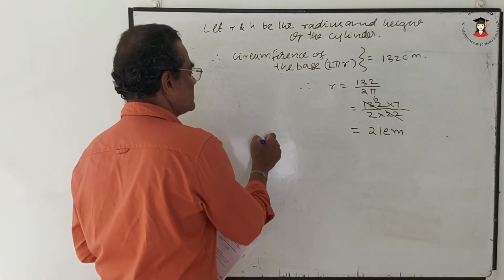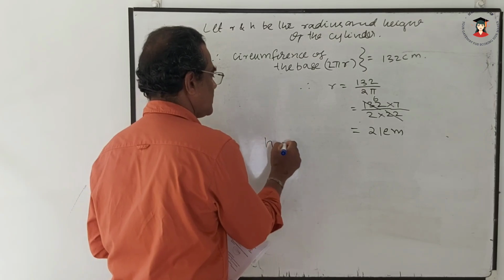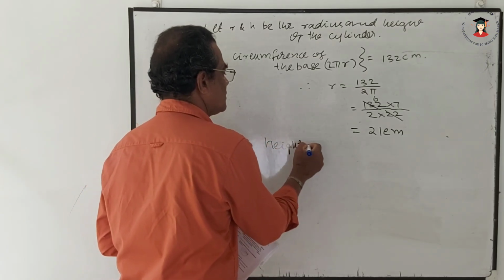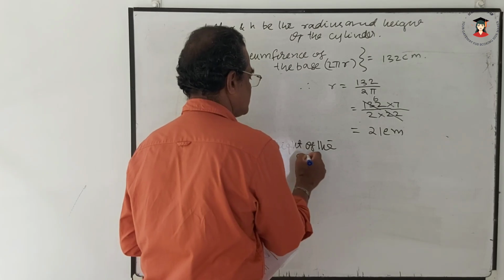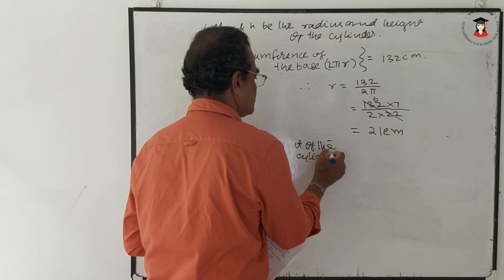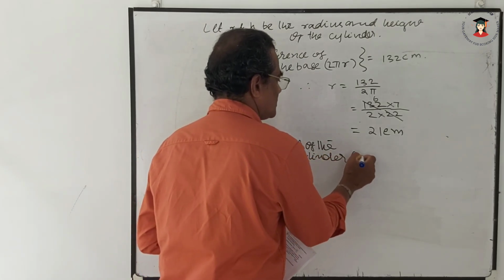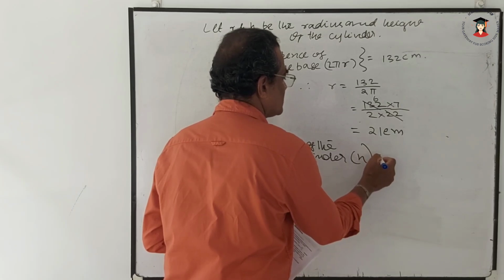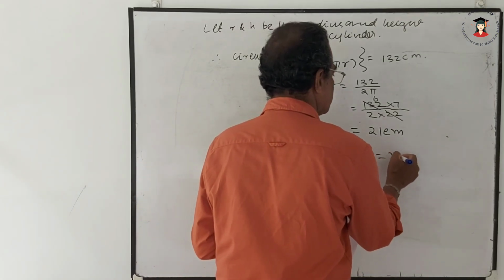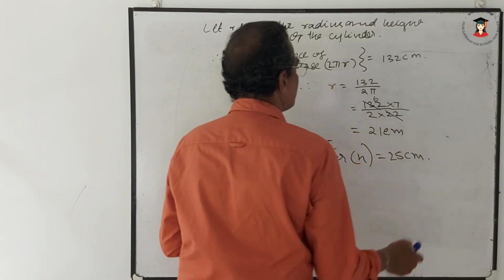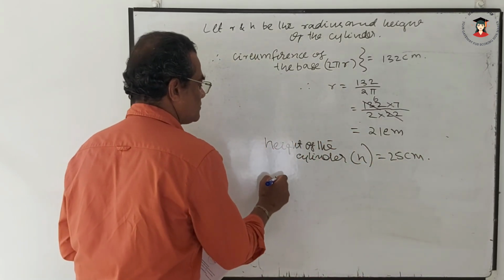Height of the cylinder is given as 25 centimeter. Now we need to find out the volume.